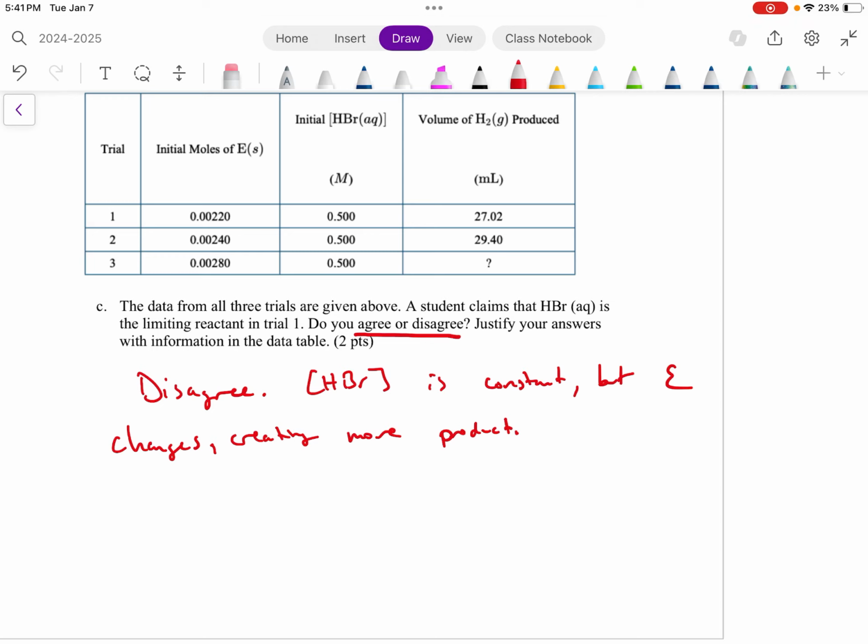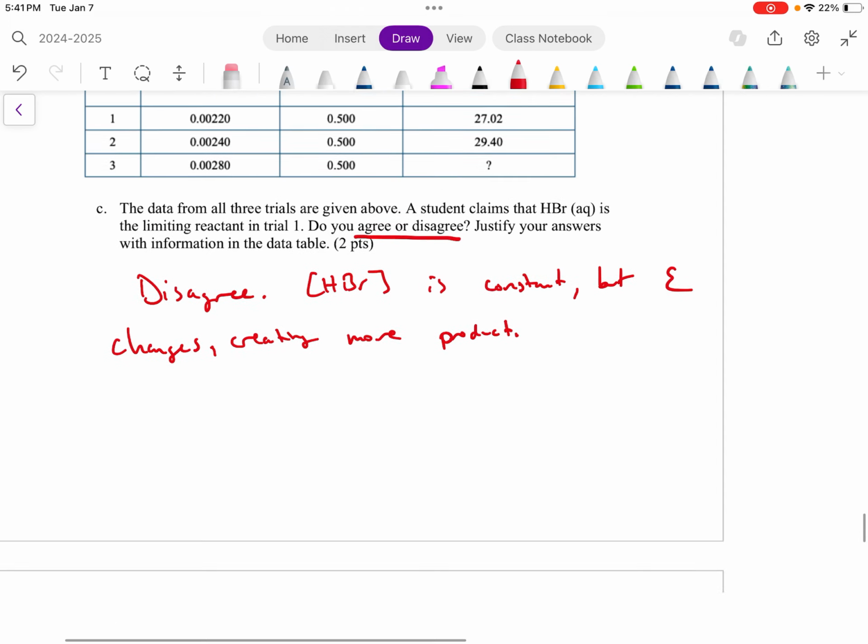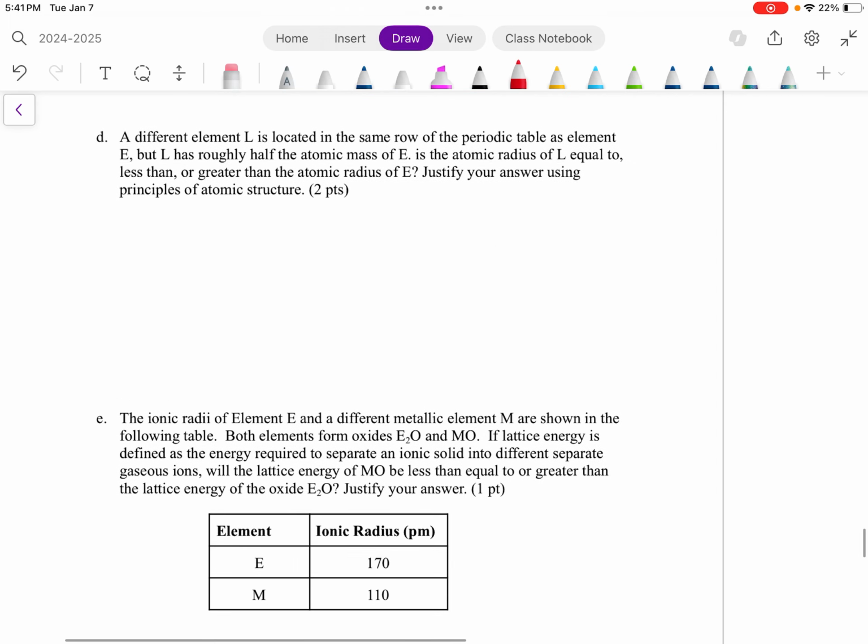So if HBr is constant, but more product is being formed, that's a result of the fact that there's more E. In other words, E must be the limiting reactant because it's actually impacting the product. So it means there's plenty of HBr available to react, because when you add more E, it's reacting more, which means there's plenty of HBr to actually react.